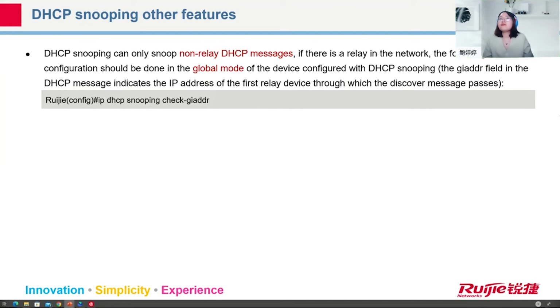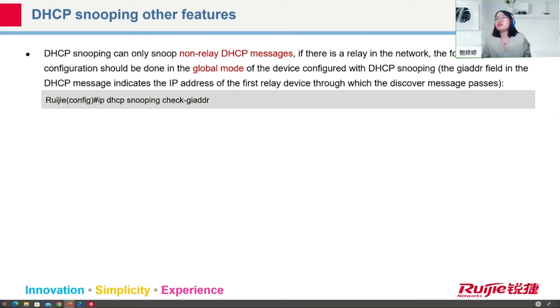So this is for non-relay DHCP messages. Because by default, DHCP snooping on the access switch or other switch can only recognize normal messages like request, like discovery, something like this.